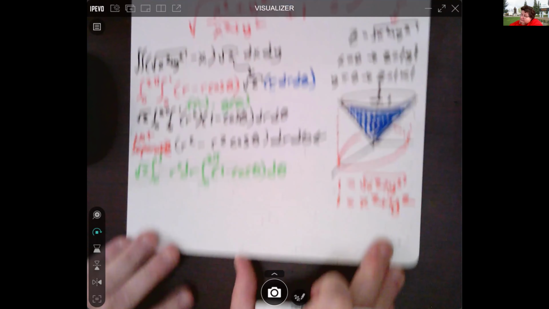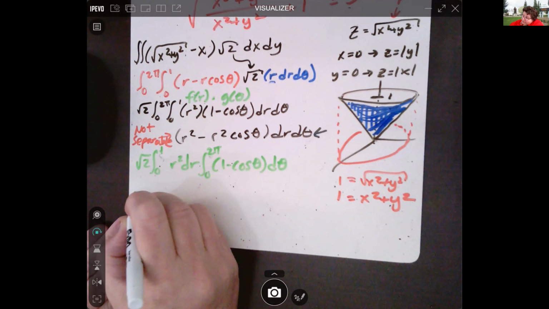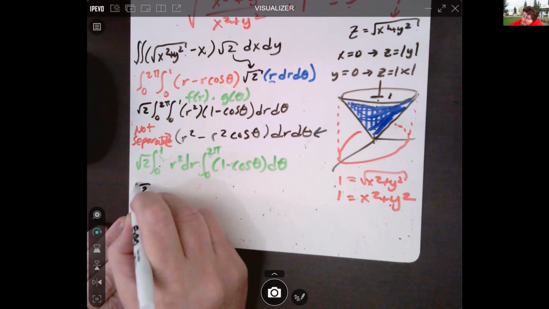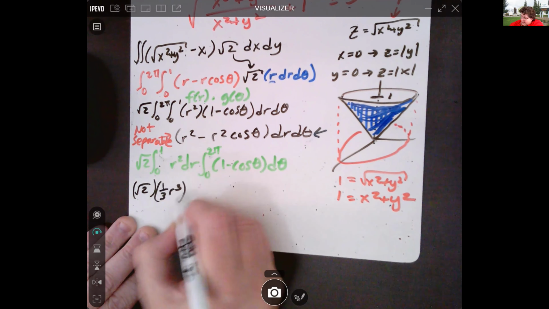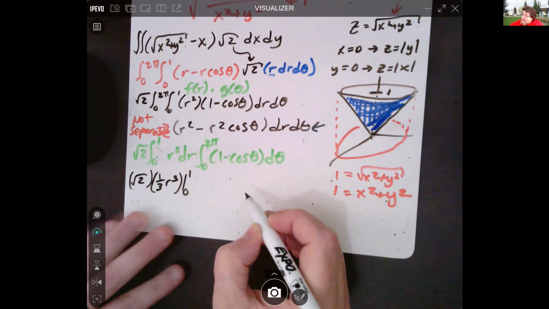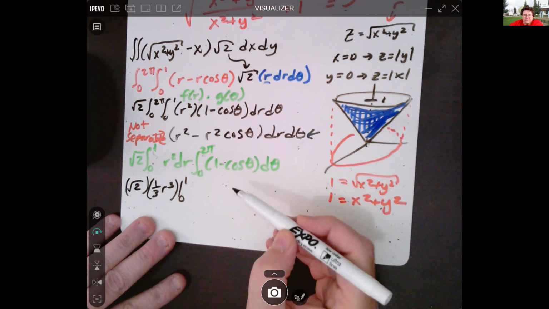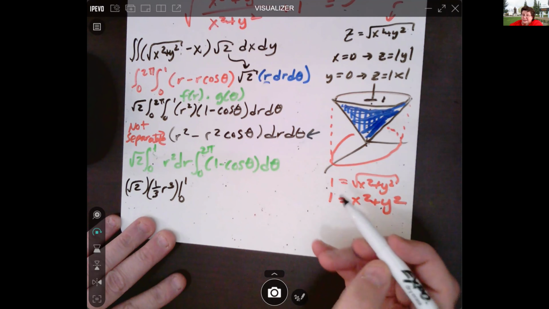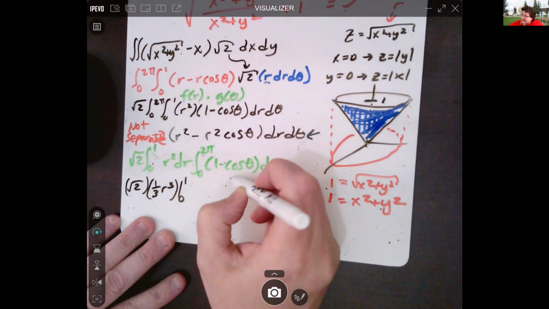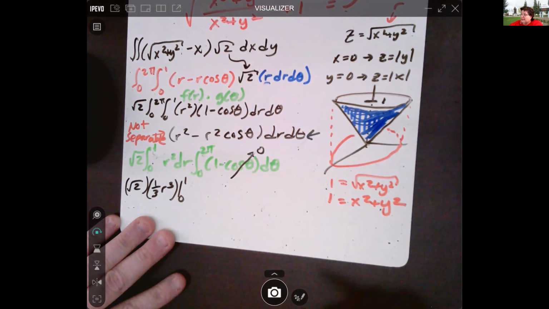All right, so I got a root 2. I've got a 1/3 r cubed from 0 to 1. And what did we say about sines and cosines when we're going from 0 to 2 pi? This is going to go to 0 every time.